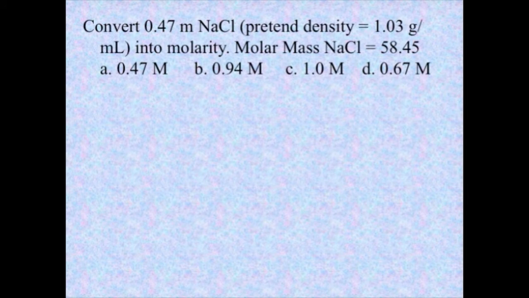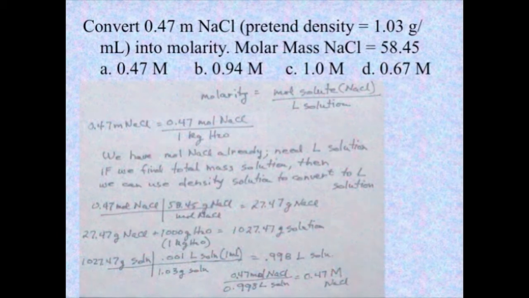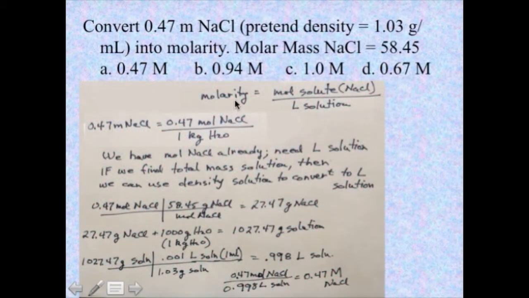Okay, read this question, put it on pause, you try it, and then come back. We'll discuss the answer. The goal here is to find the molarity of the sodium chloride solution. The useful unit of molarity is moles of solute, sodium chloride, per liter of solution. You're starting with molality of sodium chloride, though, and that's defined as moles of sodium chloride per kilogram of water.